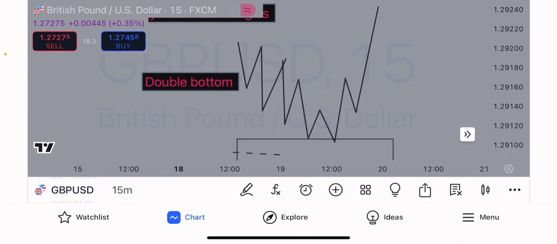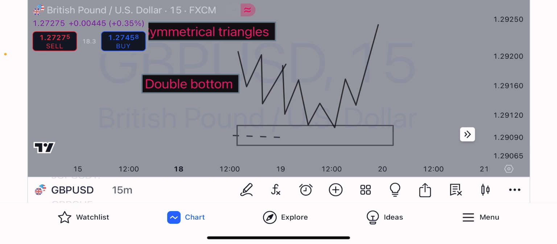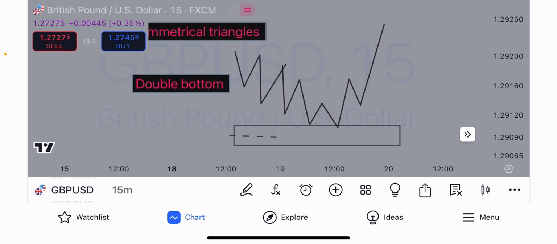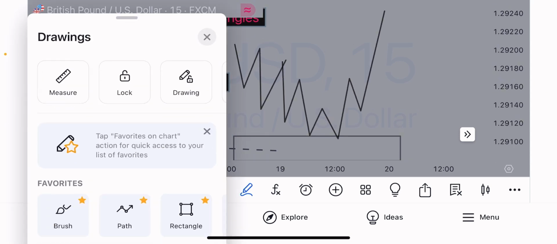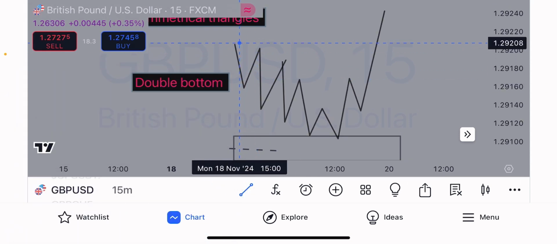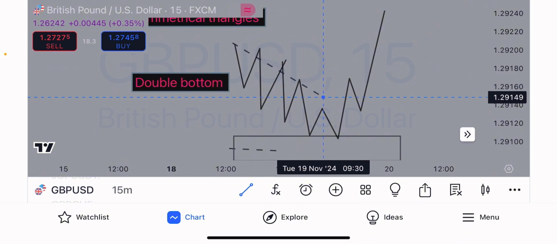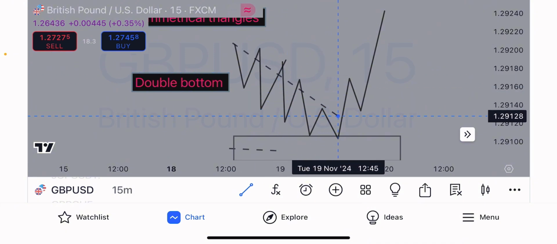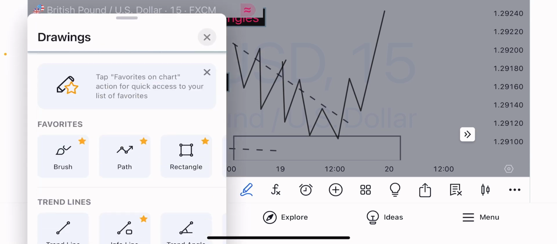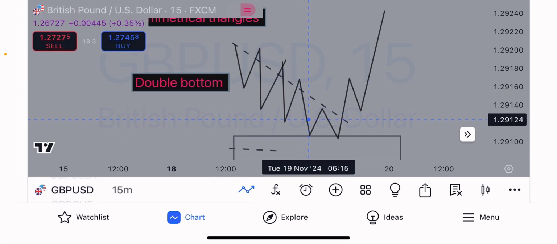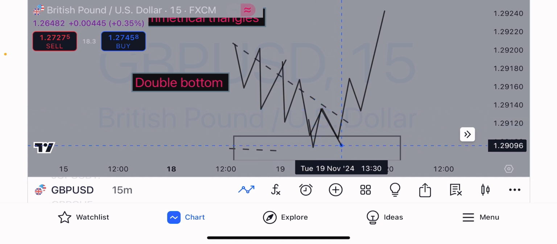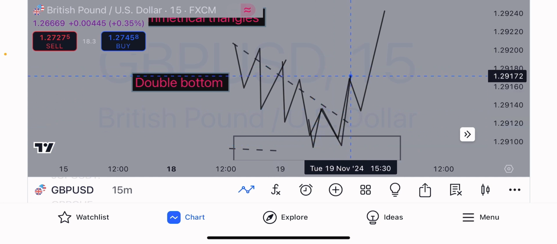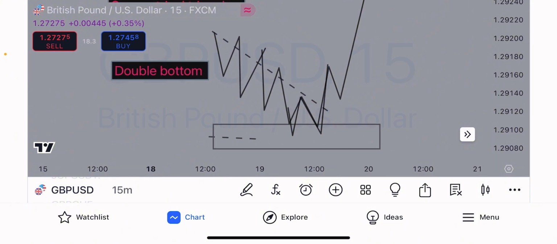It's like a trend reversal chart pattern, it changes the trend of the market. If the market has been bearish coming into a demand zone and it gives something like a double bottom chart pattern, you wait for a breakout from the neckline before you start buying.